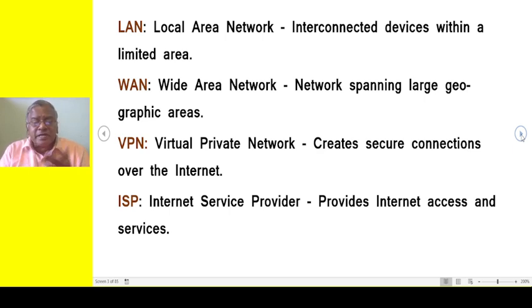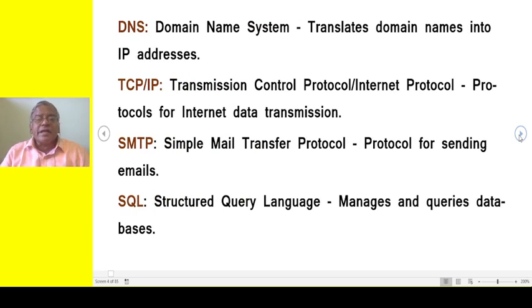Then ISP, Internet Service Provider. It provides internet access and services. DNS, Domain Name System. It translates domain names into IP addresses. Then TCP/IP, Transmission Control Protocol/Internet Protocol, protocols for internet data transmission.